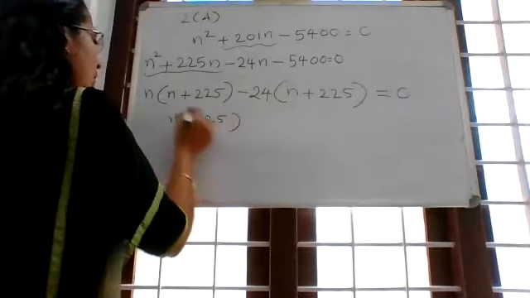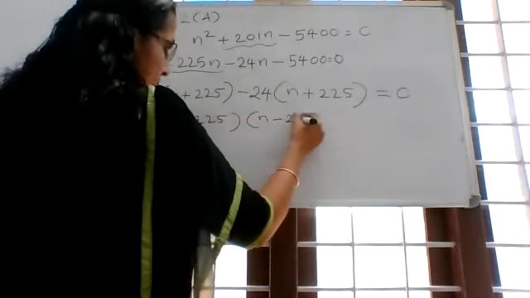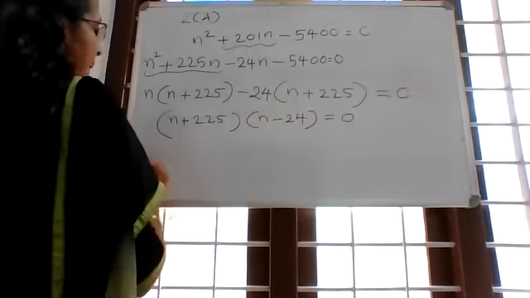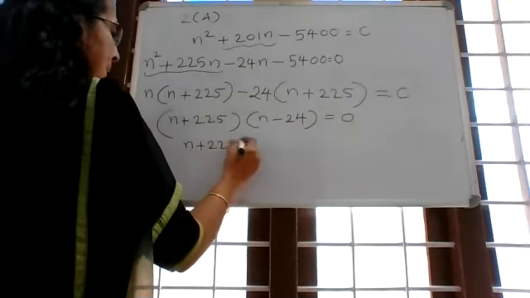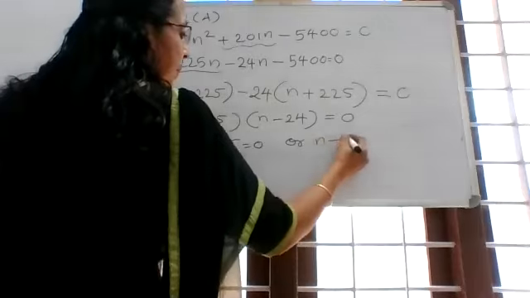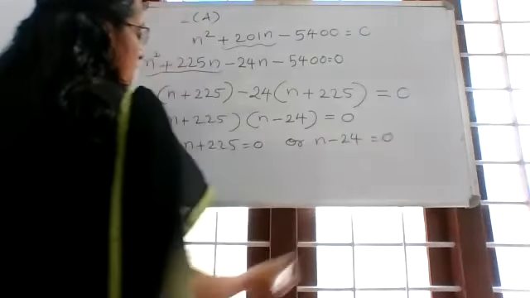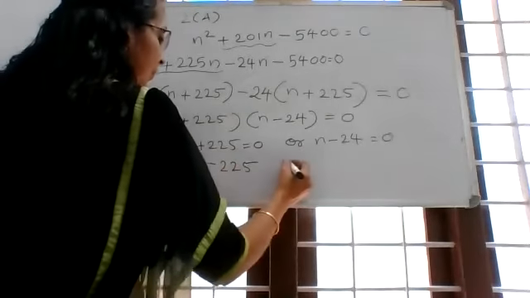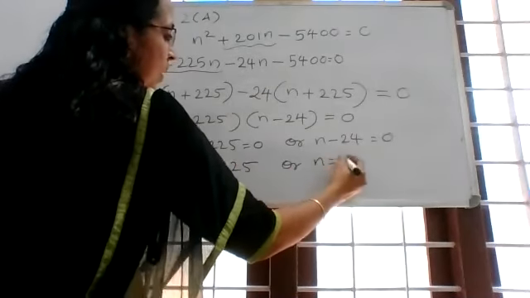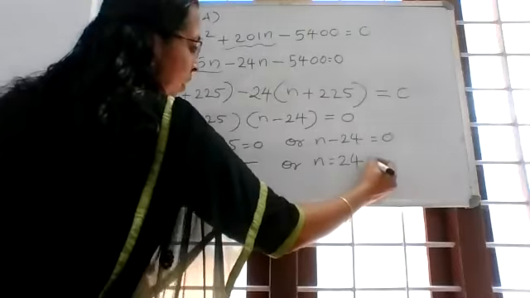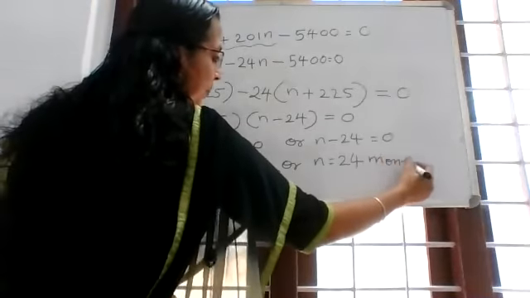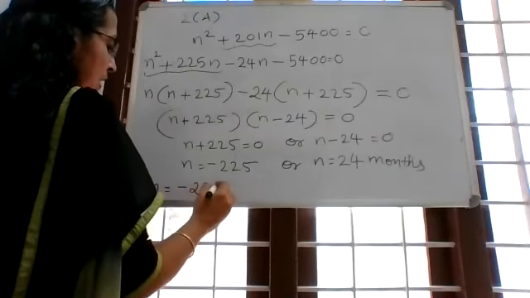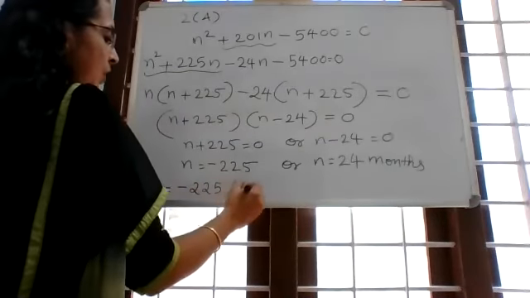Next step: n plus 225 common. Then (n plus 225)(n minus 24) is equal to 0. n plus 225 is equal to 0 or n minus 24 is equal to 0. So n is equal to negative 225, or n is equal to 24. n is equal to negative 225 is not possible.